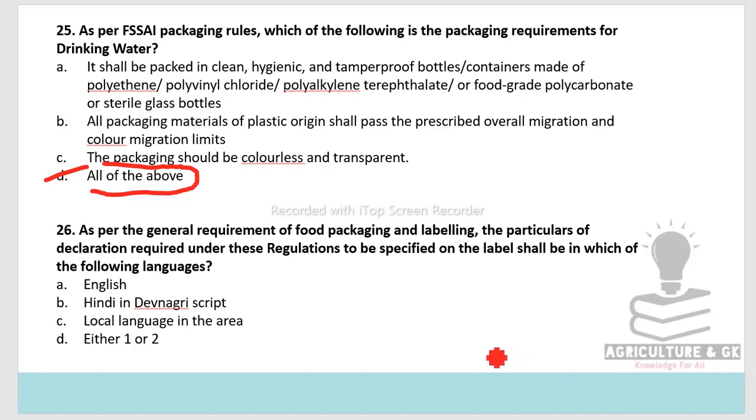So for food packaging and labeling, the particulars of declaration that has to be made on the label, they can be either in English or Hindi in Devanagari script. So our answer will be either one or two. So only two languages are allowed, either it is English or Hindi in Devanagari script. We cannot use local language of the area. So our answer will be option D.